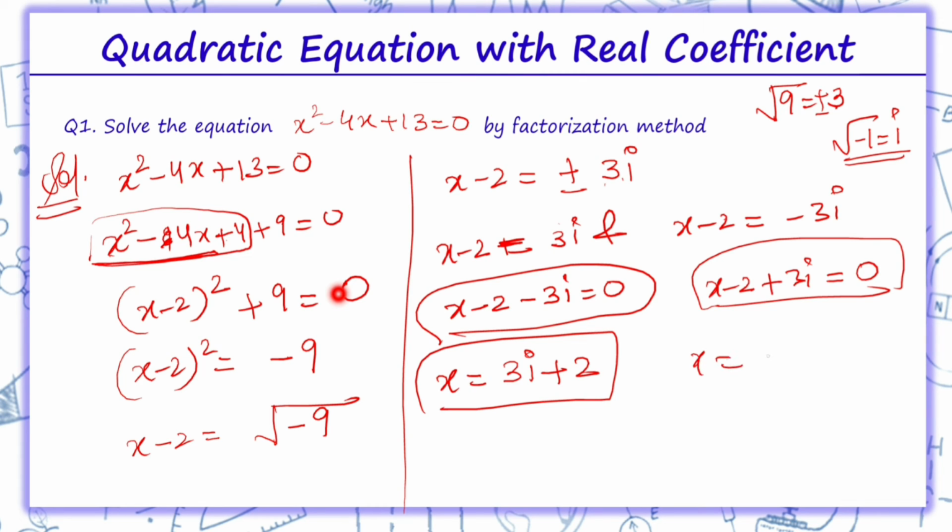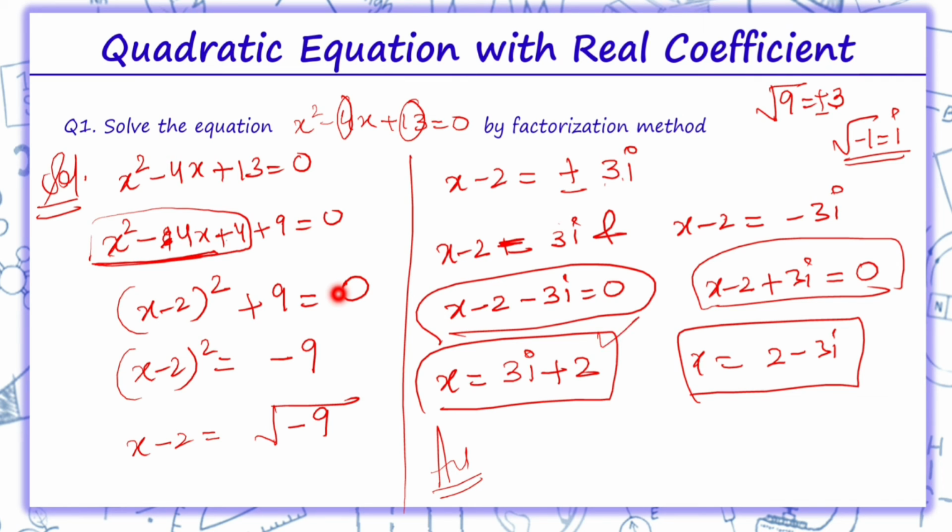When we solve the other one we will get 2 - 3i. This is the second root. So over here we have seen the coefficients were real, but the solution of this quadratic equation is a complex one. Therefore this quadratic equation is called real coefficient and complex roots. So the answer is 2 + 3i and 2 - 3i.